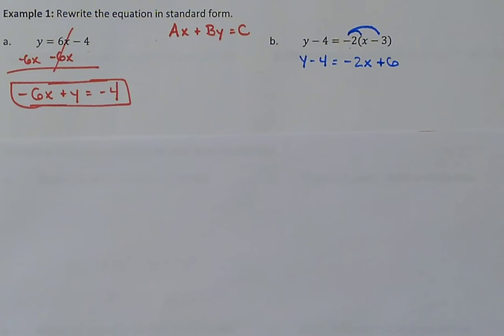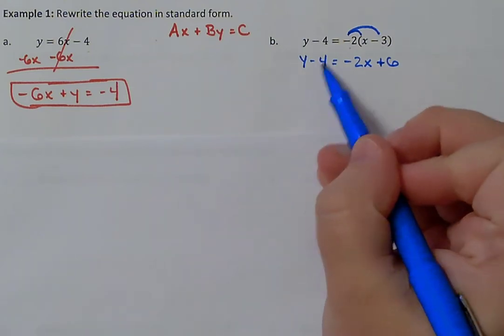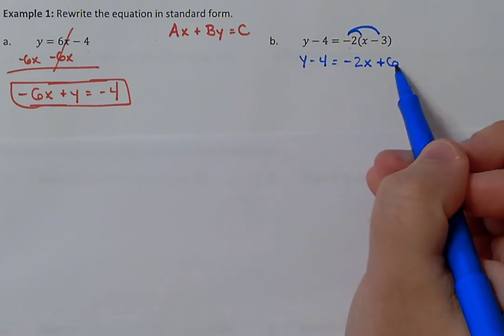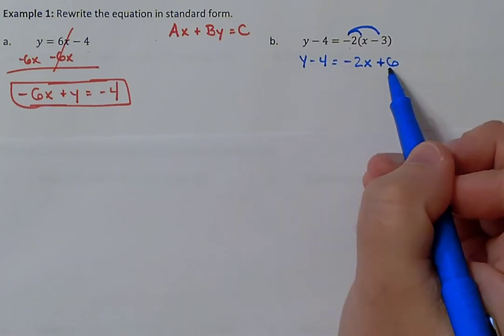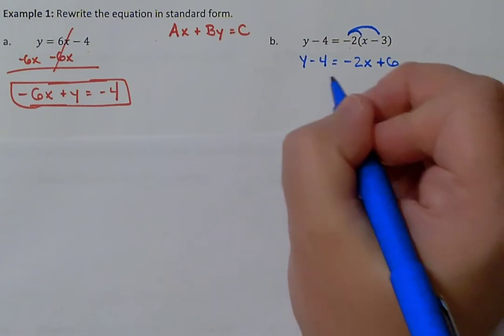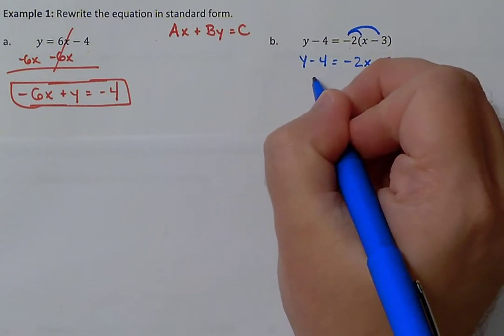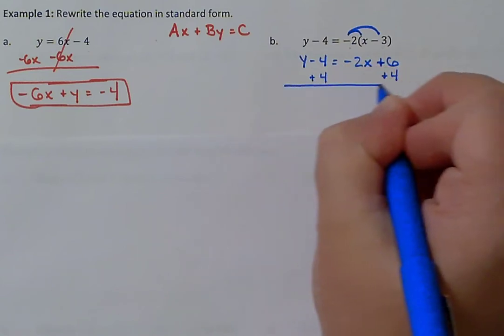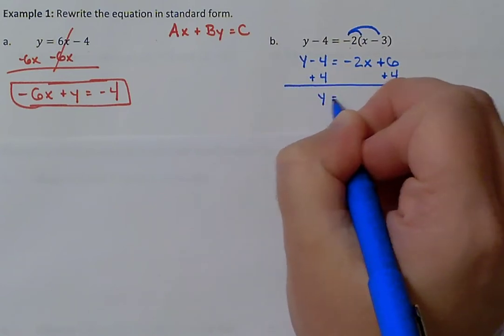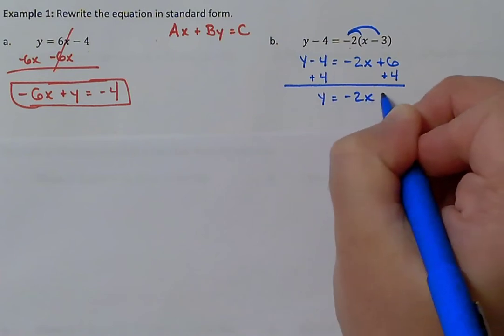All right, from there, what we have to do next is to move this number with y over to the constant over here. So I need to move this 4 over with the 6. Because this is a minus 4, that means I need to add 4. So if I add 4, I get y equals -2x plus 10.